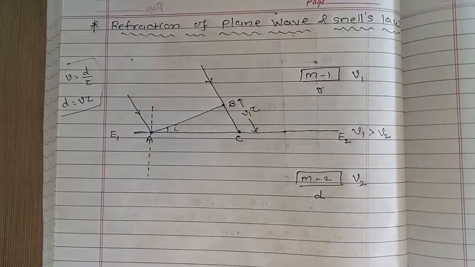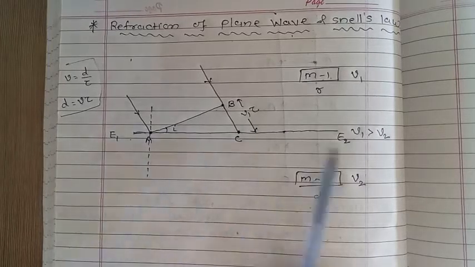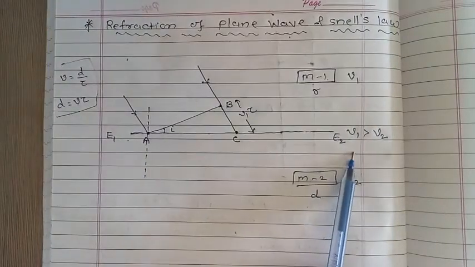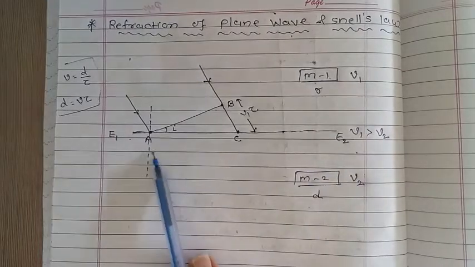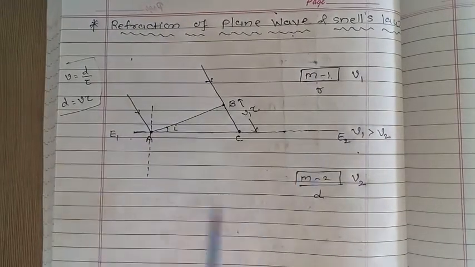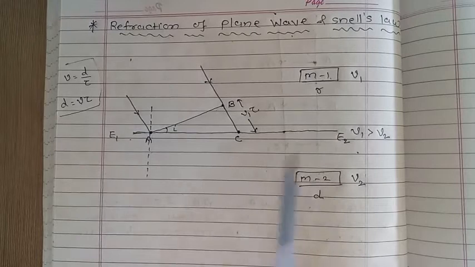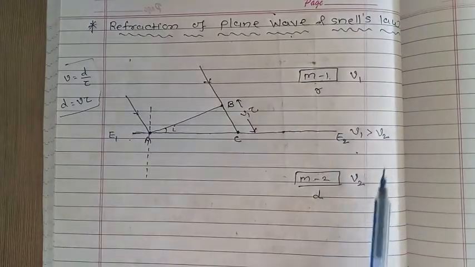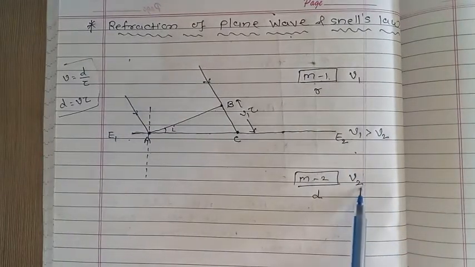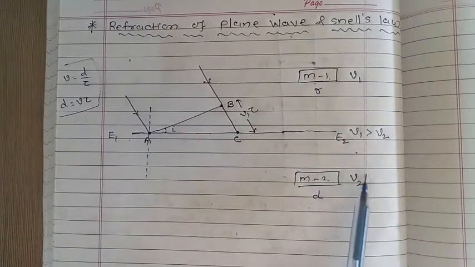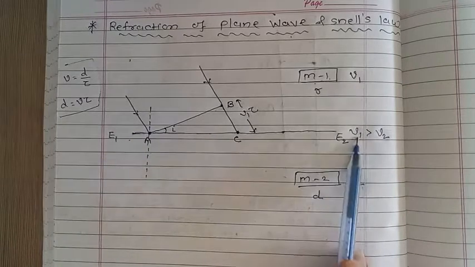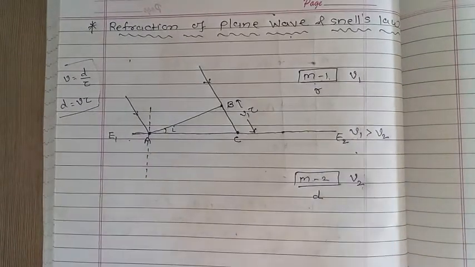So I repeat once again. Here E1 E2 represents the surface separating medium 1 and medium 2, as shown in the figure. Here v1 and v2 represent the speed of light in medium 1 and medium 2 respectively. Here v1 is greater than v2.